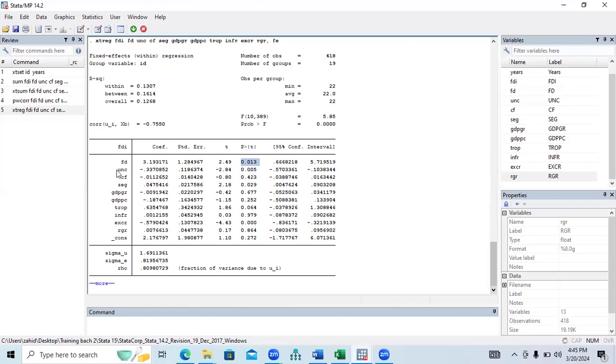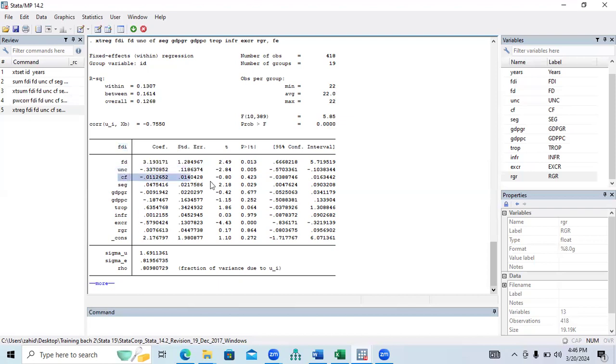The next thing is uncertainty. Uncertainty is negatively impacting and it is also significant. So what we can say here is that uncertainty is significantly decreasing FDI in the target population. The next is capital formation.